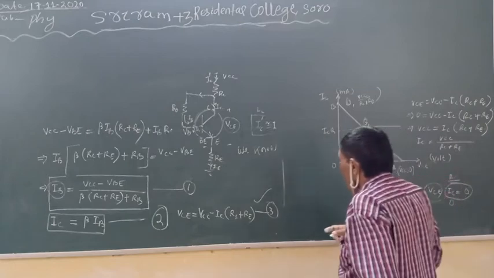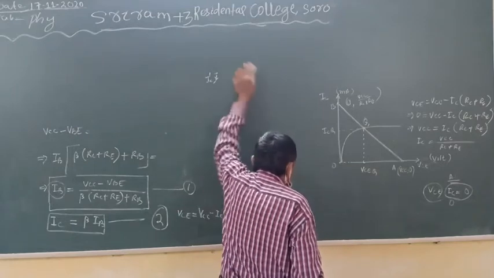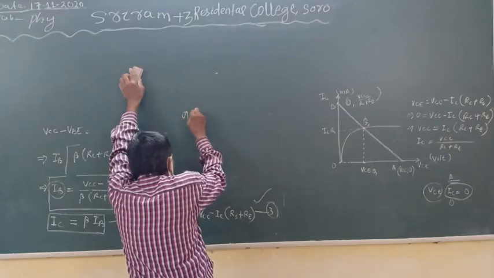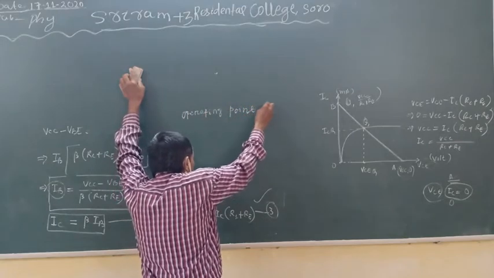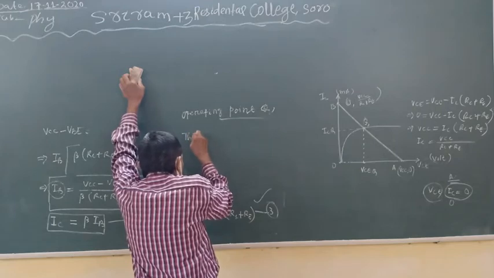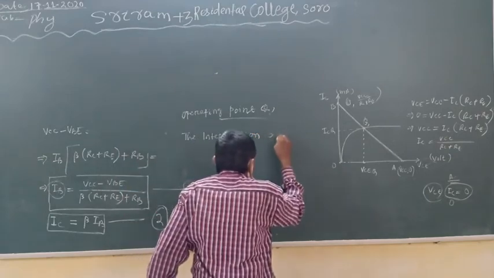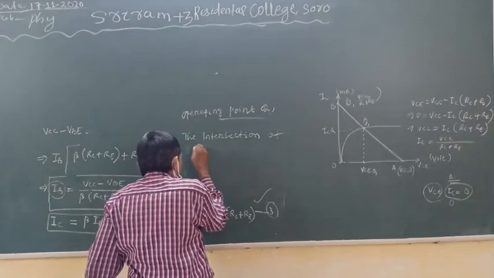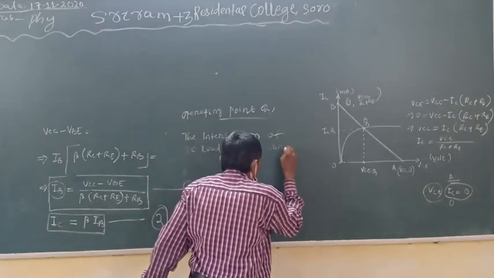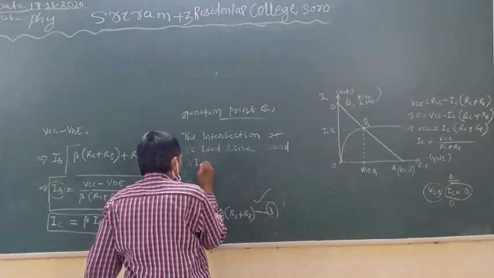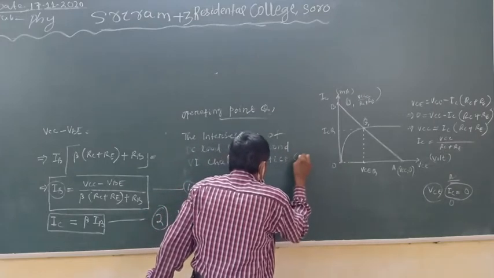We write the DC load line and the operating point. The operating point, Q, is the intersection of the DC load line and the VI characteristics curve.